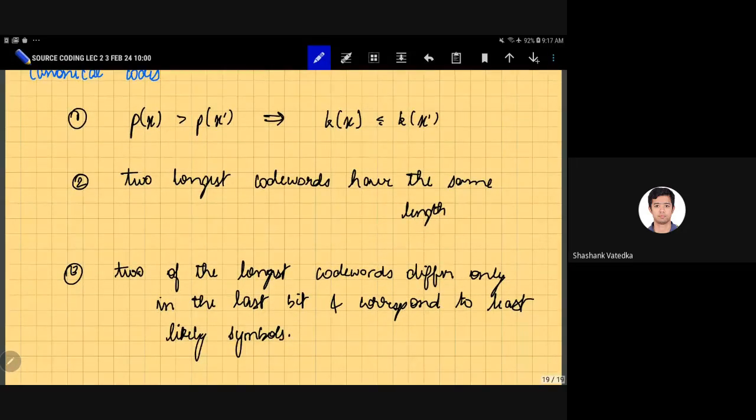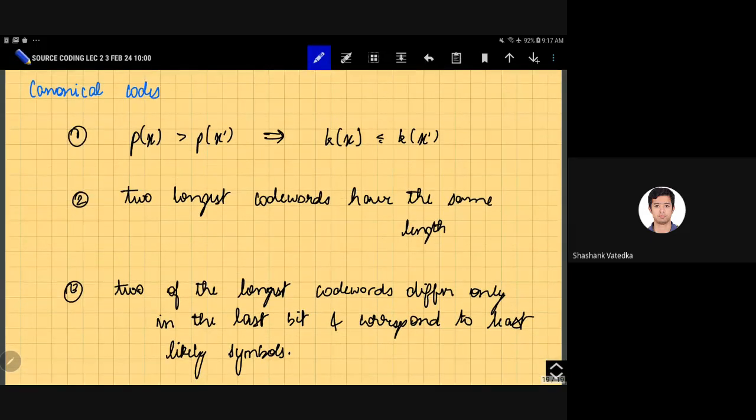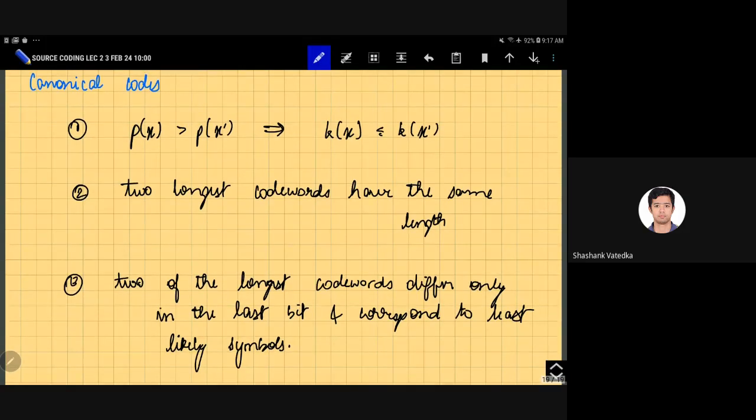Note that for a prefix-free code, we're not saying anything about achieving minimum expected length or anything of that sort. It's just a variable length, zero error code which is prefix-free. So a prefix-free code is said to be canonical if it satisfies the following three properties.